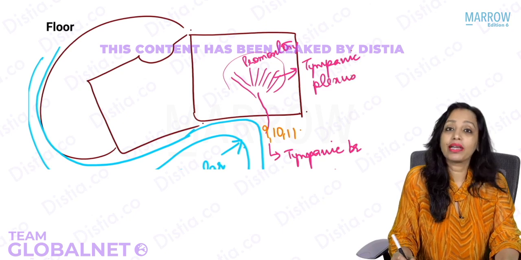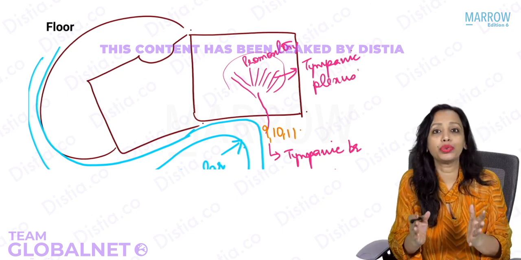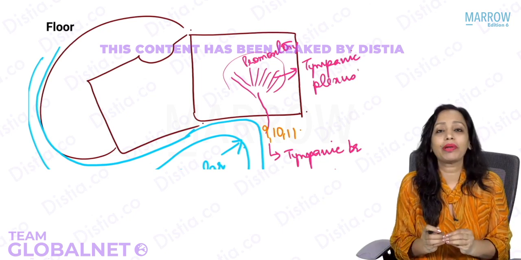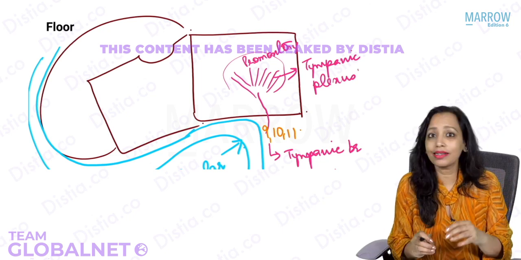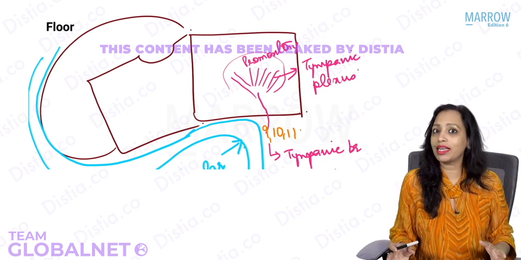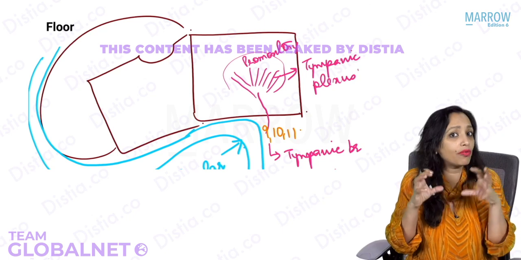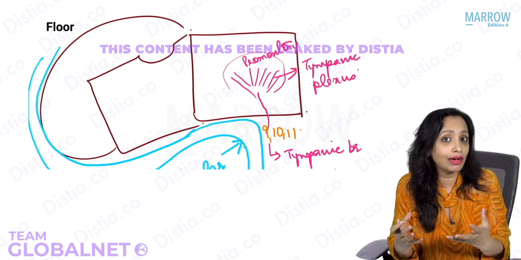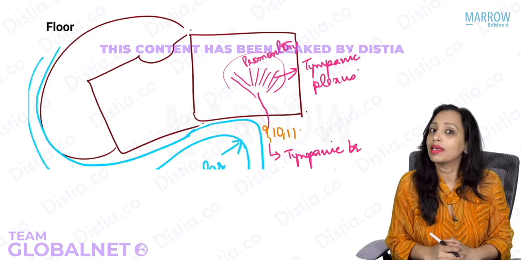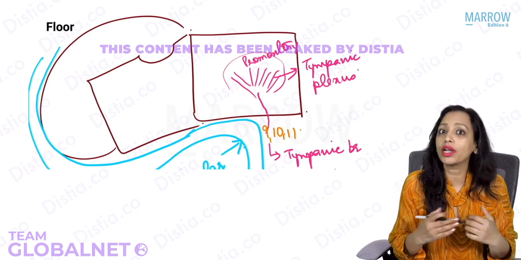And this tympanic plexus gives a sensory supply to the ear. The whole of the middle ear, the sensory supply is by the tympanic plexus. In other words, it is by which nerve? By the glossopharyngeal nerve. So whenever there is any involvement of the middle ear, any infection of the middle ear leading to pain in the ear, that is because of involvement of which nerve? Yes, that's the question of your exam. Yes, that is because of involvement of the glossopharyngeal nerve.